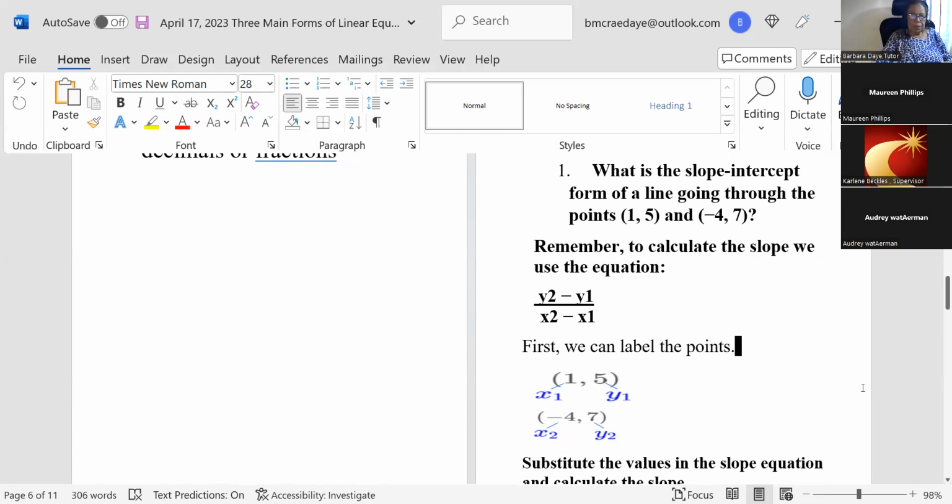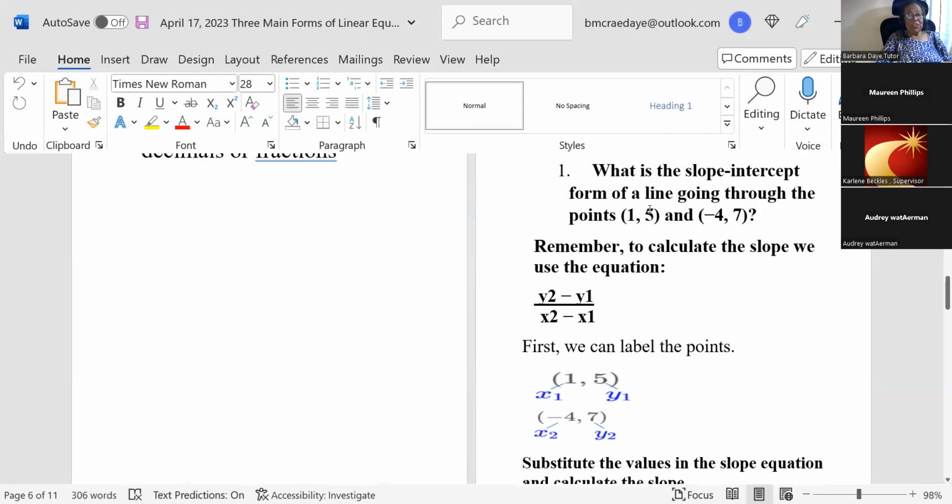The first number is always an x. So 1 is an x here, -4 is an x here. 5 is a y here, and 7 is a y here.